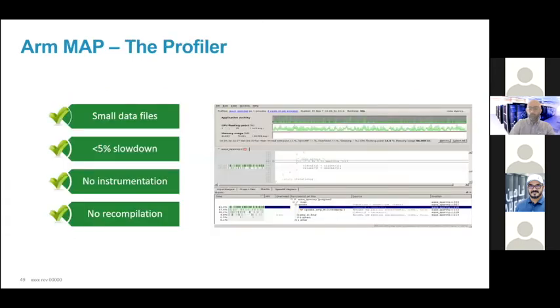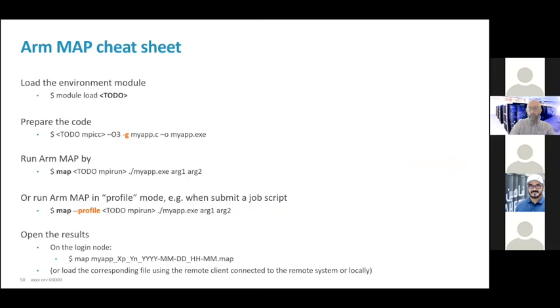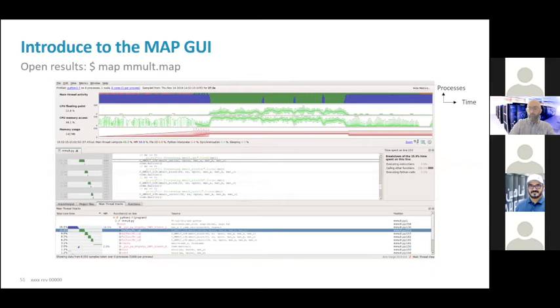And yeah, we'll move on to how to launch MAP. So instead of DDT, we just replace it with map --profile, and your application with the -G flag. This is the basic GUI for MAP, and you can see again, there's source code, main thread activity, floating point, and memory access for CPU, memory usage.